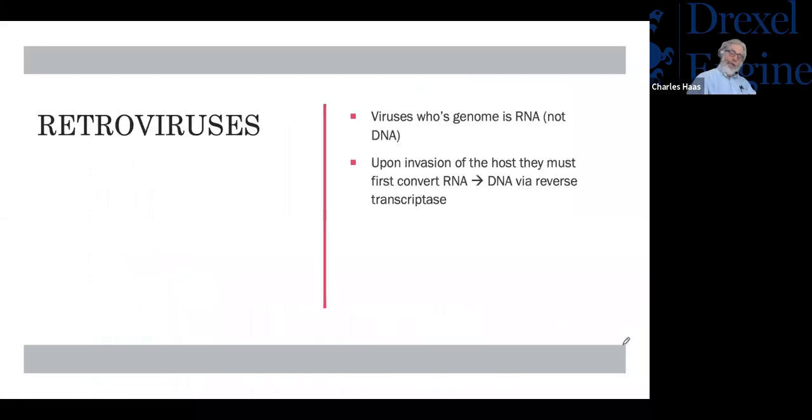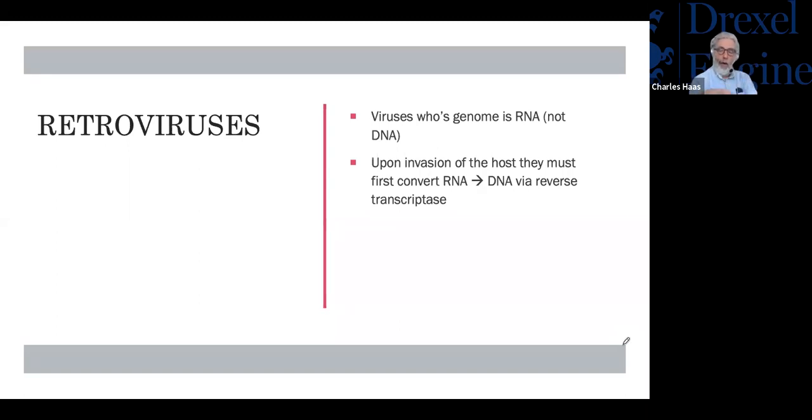Now, one specific class of viruses, which were really only discovered in about the 1970s, are called retroviruses. So we talked about the central dogma. The central dogma says genetic information resides in DNA, which is transcribed to RNA.